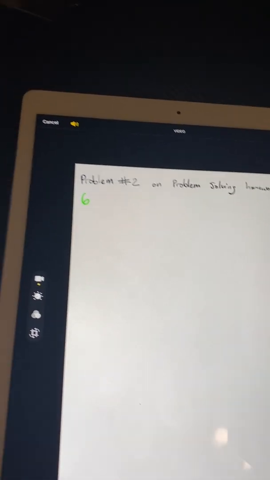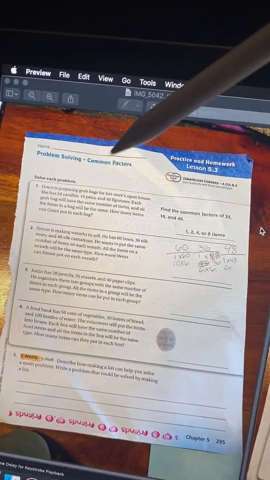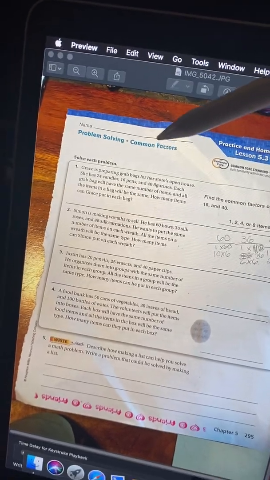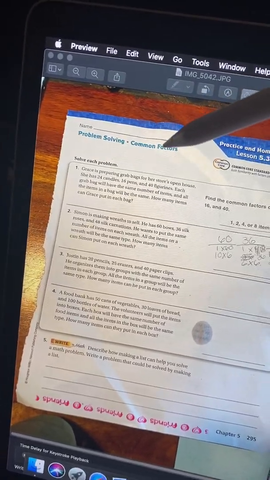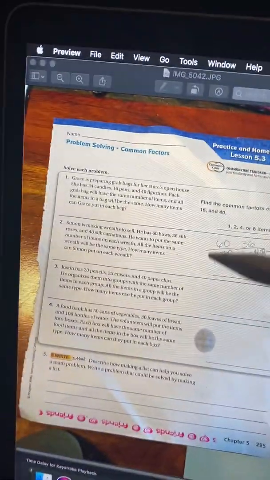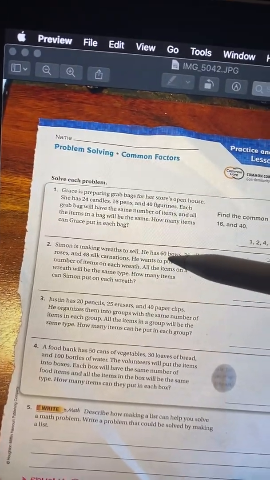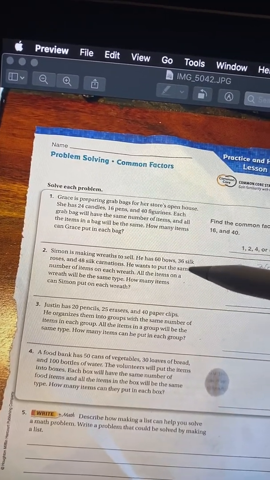So, first thing we want to do, you're looking for common factors. That's basically the whole thing of your homework. It's pretty easy. So you're looking for common factors of 3 numbers. As you can see, all these questions, they have 3 numbers. So the only important thing from this whole thing is basically the number 60, the number 36, and the number 48.